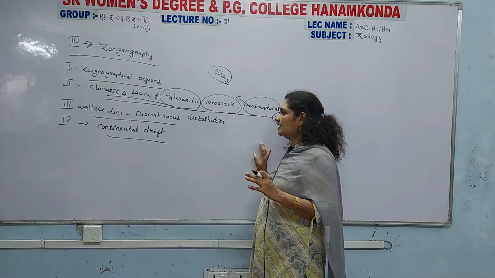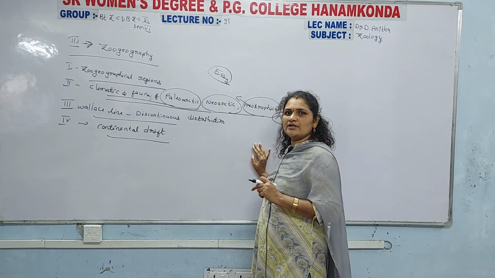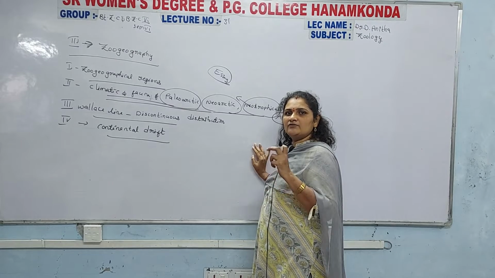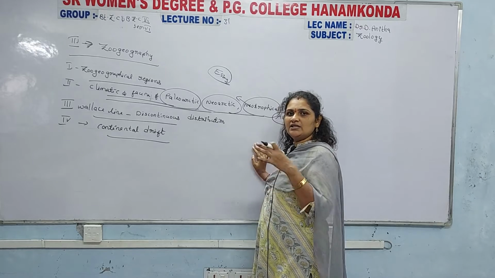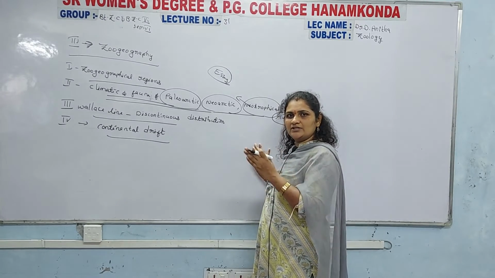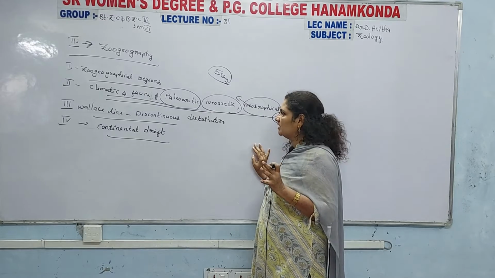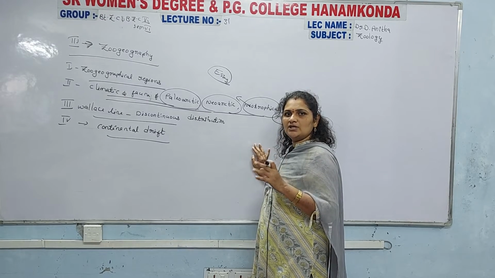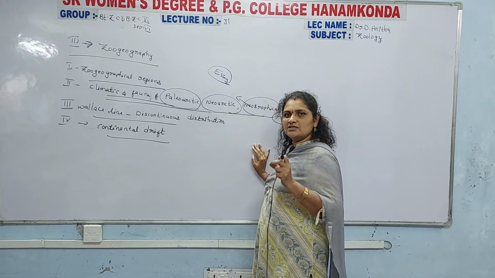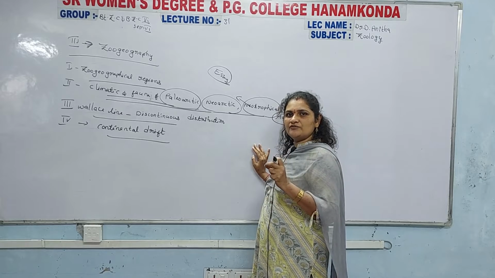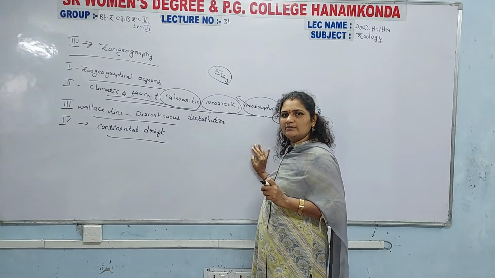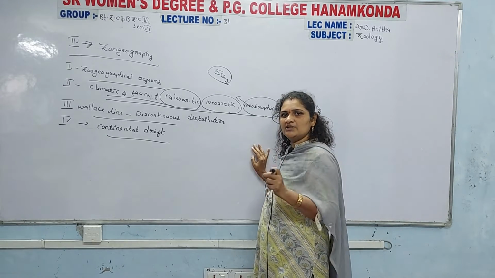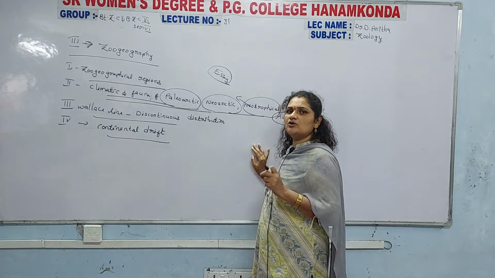For the essay question, you write first what regions are included in that particular area, what the climatic conditions of that area are, and what the bordering areas surrounding it are. Then you write about the fish fauna, amphibian fauna, reptiles, birds and mammals. How many types of fishes, amphibians, reptiles, birds and mammals are there. You should clearly mention the names of the animals, then only you get full marks.